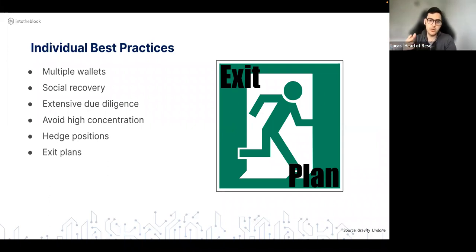At the individual level, first and foremost, it's important to have multiple wallets, because when you give a protocol access to your funds, a lot of times by default they can access all of your funds within that token.